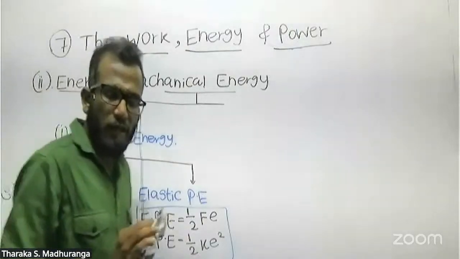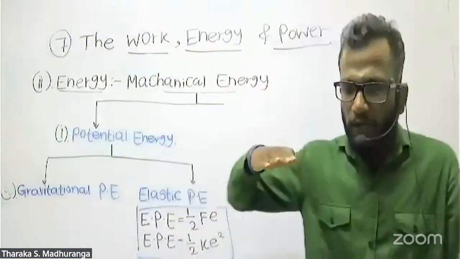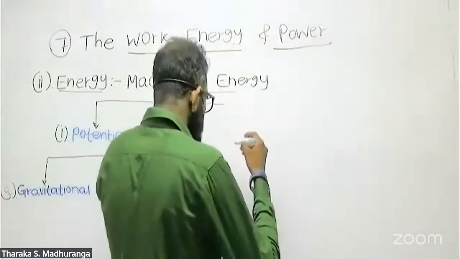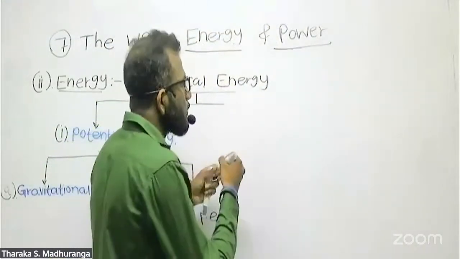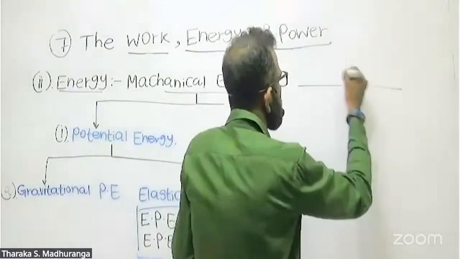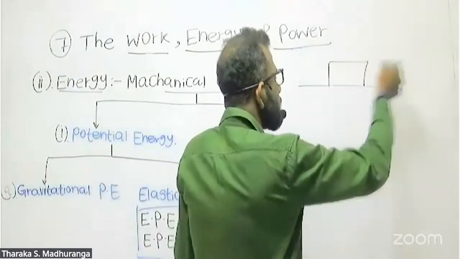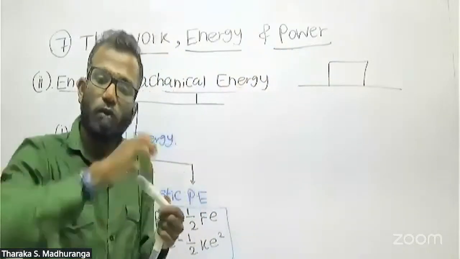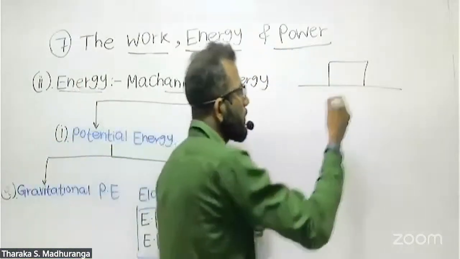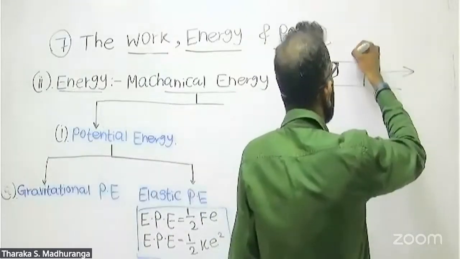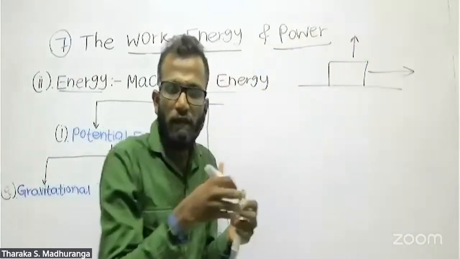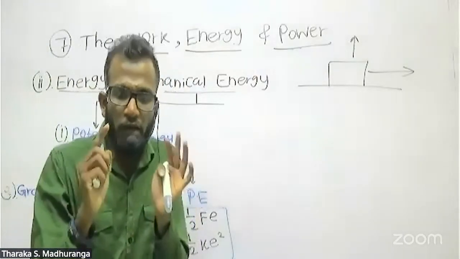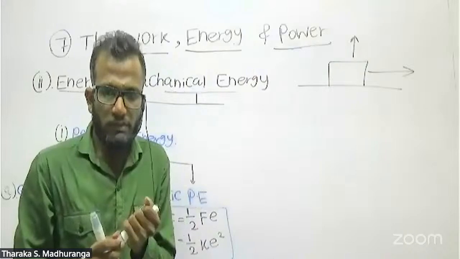Linear kinetic energy means, think a vehicle is moving in this type of motion. A vehicle or object is moving in a vertical or horizontal way, not rotating. The energy the object stores, we call linear kinetic energy.